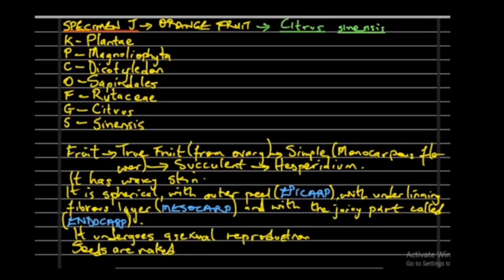If we are to look at propagation of this particular crop, propagation is through grafting or budding, and it is done using seeds that do not really produce fruit.